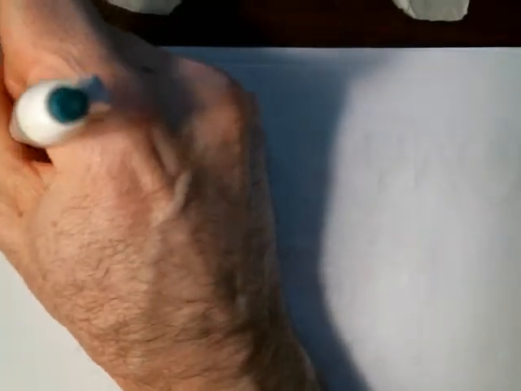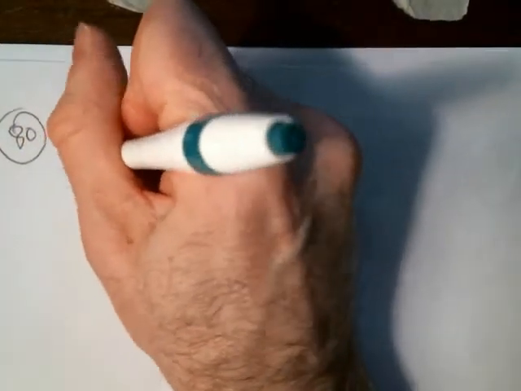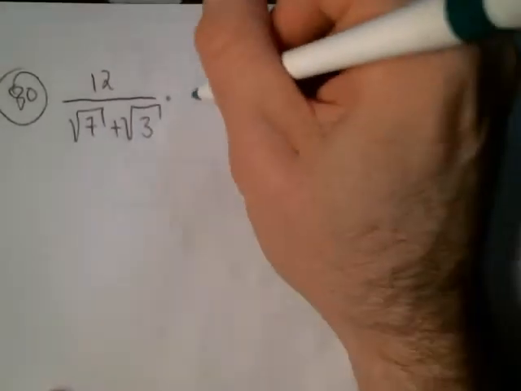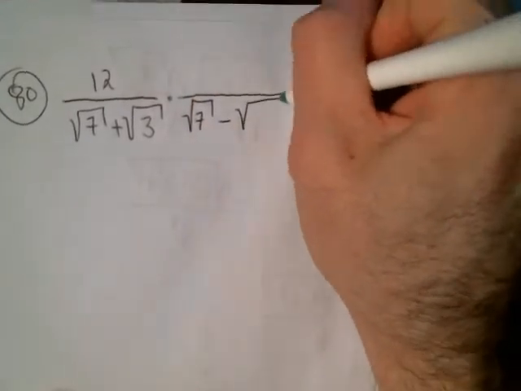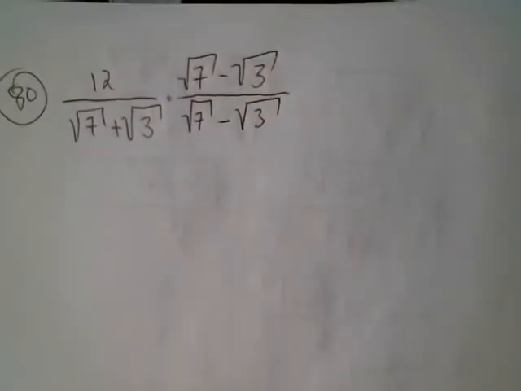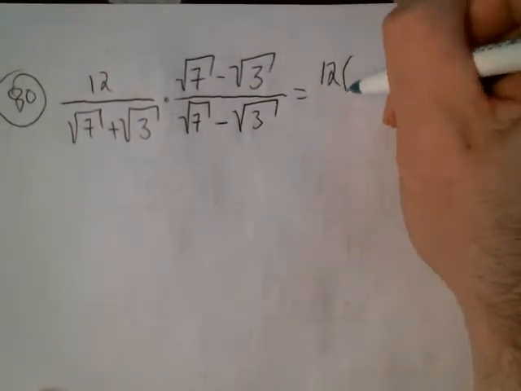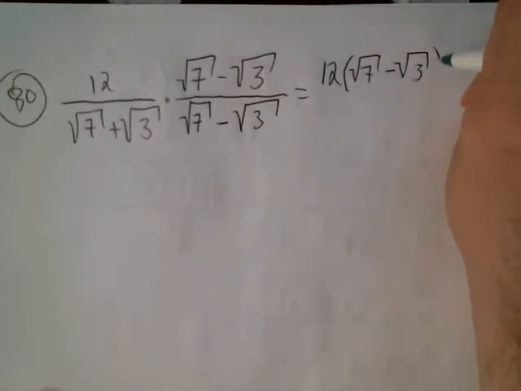Number 80. We have 12 all over square root 7 plus square root 3. So you just take the opposite sign. Up here, instead of distributing, let's just keep it as it is this time. So it's 12 times square root of 7 minus square root of 3.